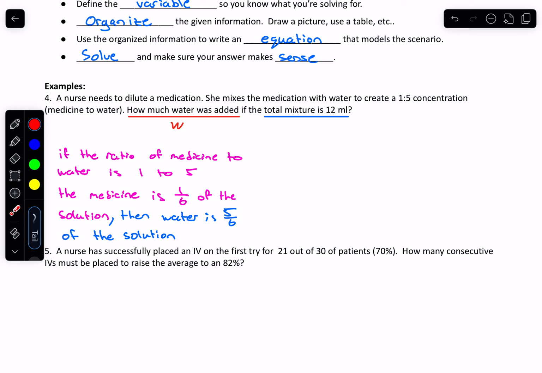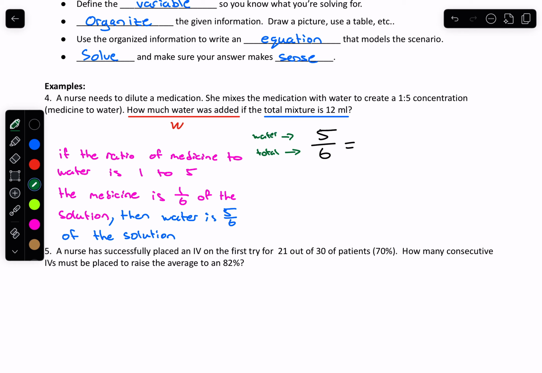So now we are going to use this to set up a proportion. We have that water is 5/6 of the solution, and we have that the solution has a total amount of 12 milliliters. So in the denominator of my fraction we have the total amount, and in the numerator we have water.